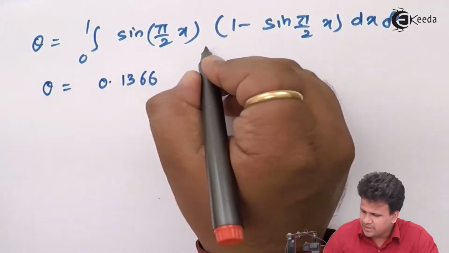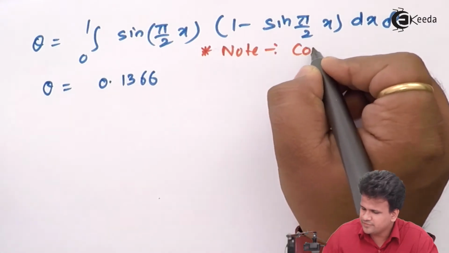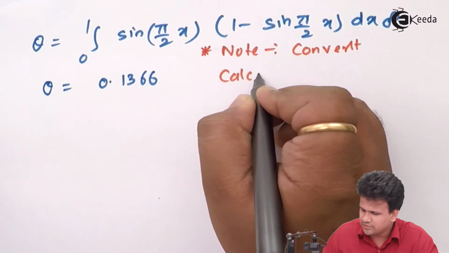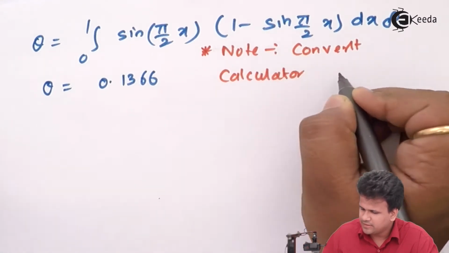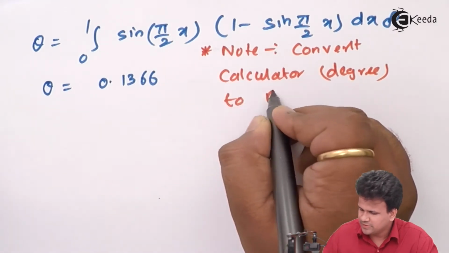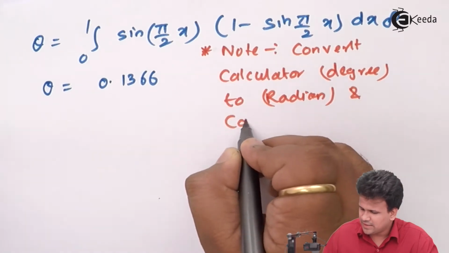I'll just write down over here a note, that is convert calculator from degree mode to radian mode and calculate.